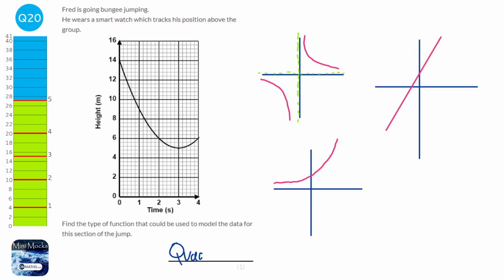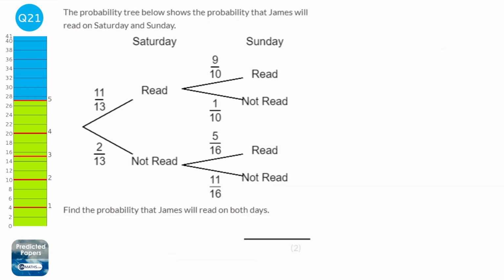So quadratic function. To find the probability that James will read on both days, we start here and we just draw down the read path, and then we go down the read path again. So the outcome here will give us the probability that James will read on Saturday and Sunday.